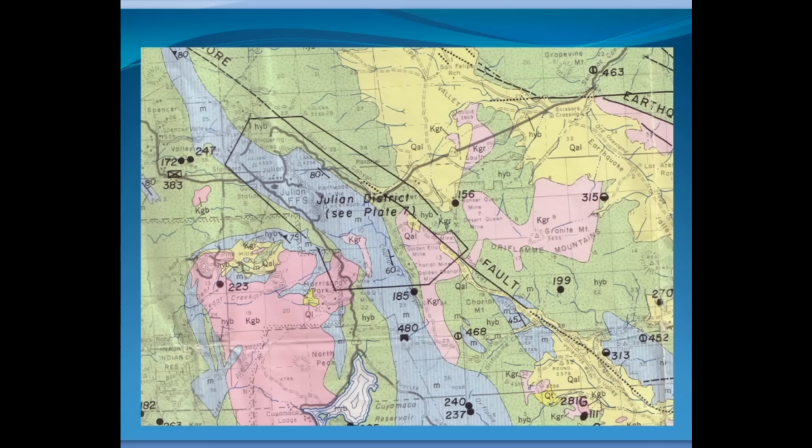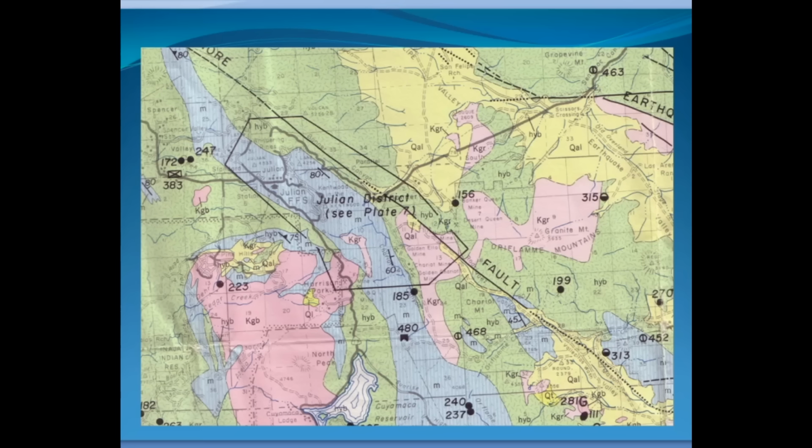This is a geologic map of the Julian district in San Diego County, and it shows a blue rock type marked M. It's metamorphic rock, and it's associated with two different pink types. One is labeled KGB and the other KGR.